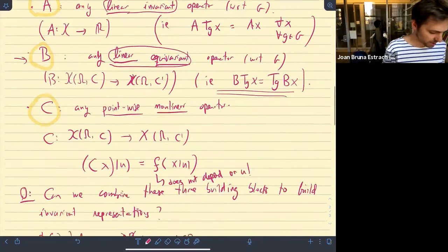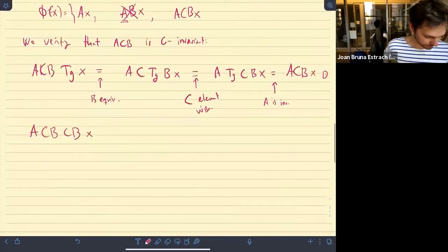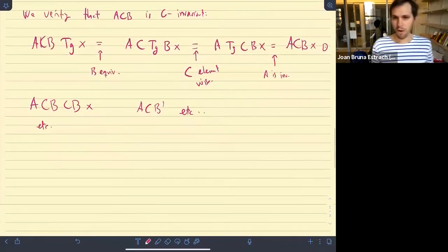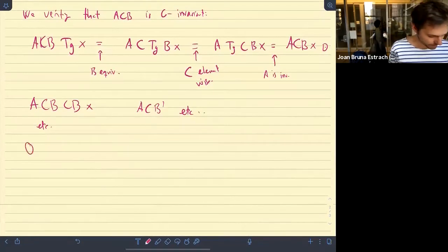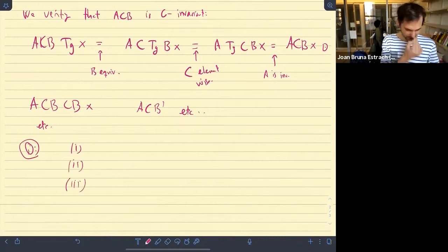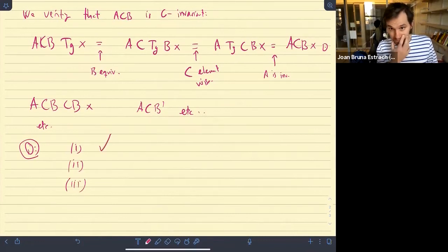So any questions about this geometric deep learning? Okay, and you can use A, C, B prime, etc. Now, going back to my wish list, this by construction is still going to be invariant.